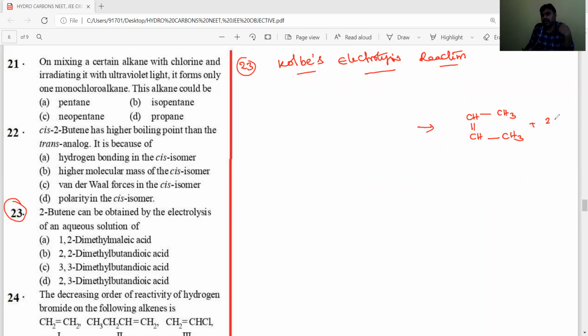The byproducts are carbon dioxide, and NaOH, sodium hydroxide, plus hydrogen gas will form. So this is an alkene, butene. How will this butene form?